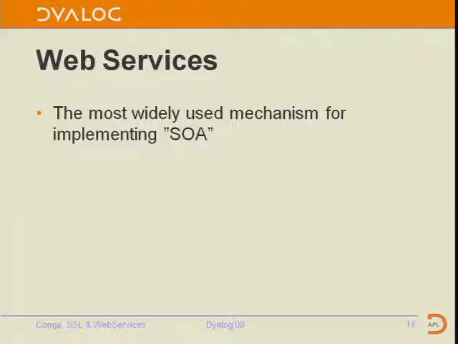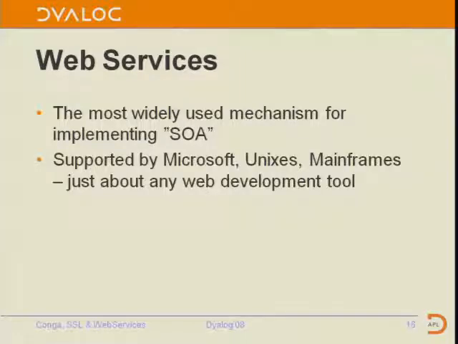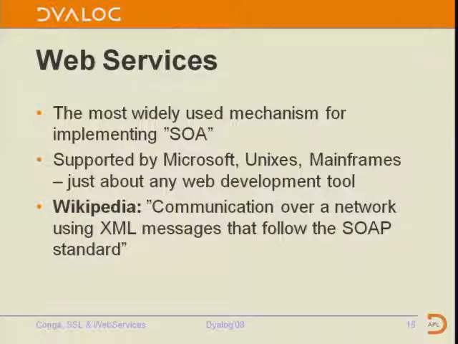So today, I think it's fair to say the most widely used mechanism for building service-oriented applications is the web service protocol. I think it started out mostly on Unixes, but has now become the lingua franca. It's supported by anything that wants to use the web.